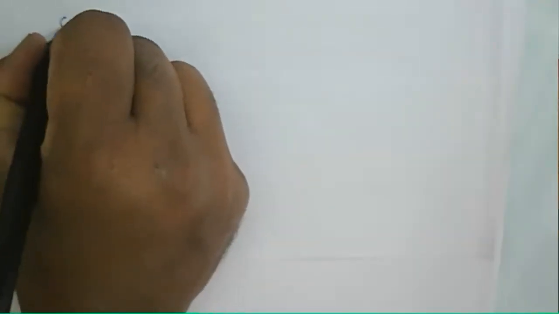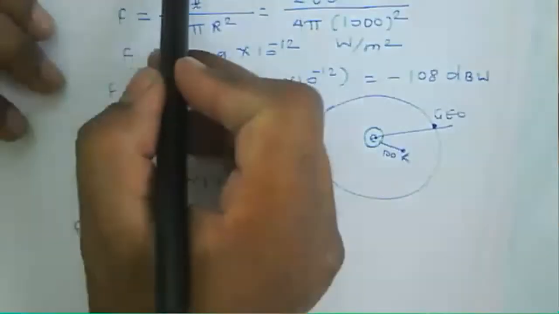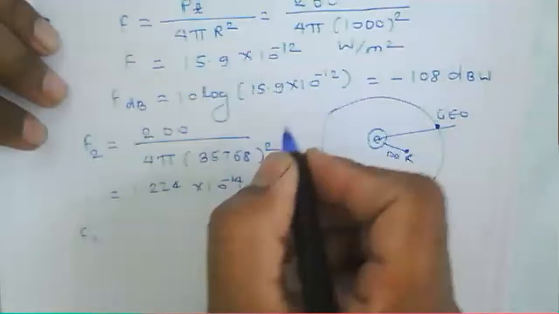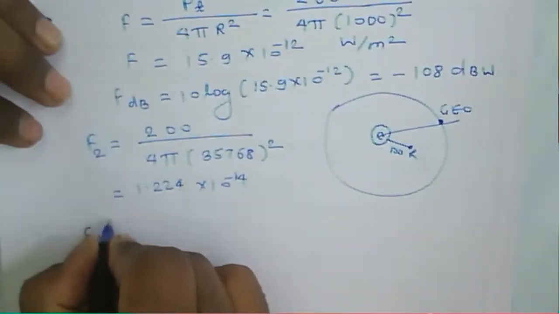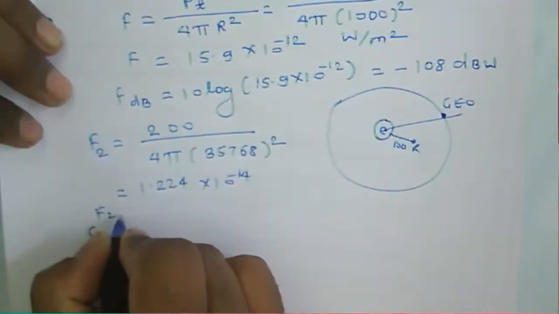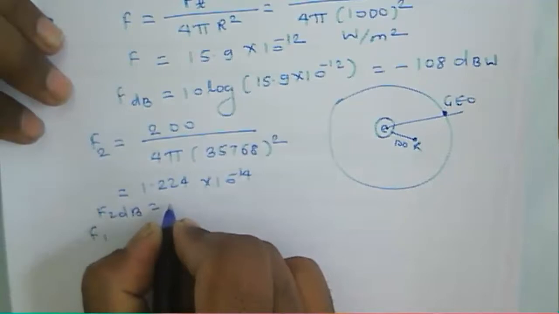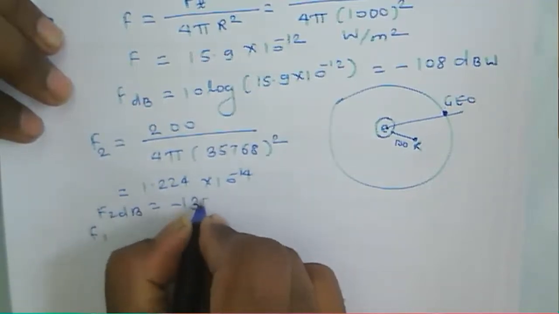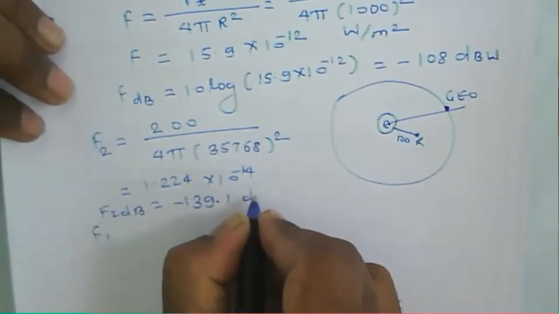Then, what is the difference in the flux density in dB? So you can find out F2 in dB also. F2 in dB will be minus 139.1 dB.